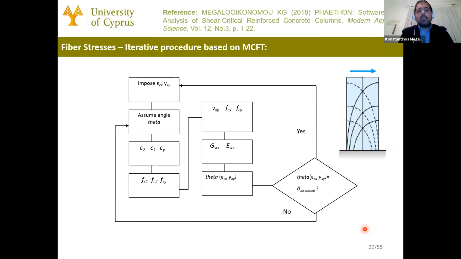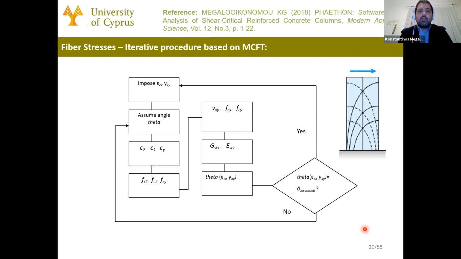The biaxial constitutive law that is incorporated in the fiber model is an iterative procedure. It is based on the fact that we consider known the longitudinal strain of the fiber and the shear strain. The longitudinal strain comes from plane section assumption, and the shear strain has a parabolic shape along the height of the section, with the maximum value at the neutral axis of the section.